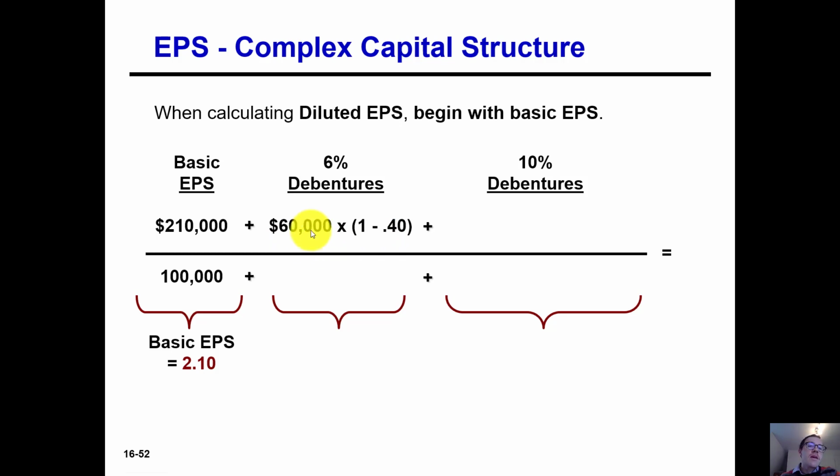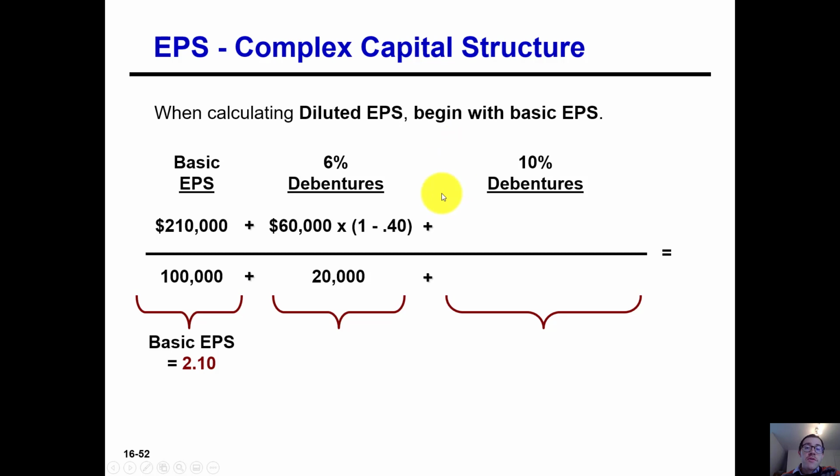It would be $36,000 higher. And the reason that is because of taxes. So by not paying the $60,000 of interest expense, you are saving $36,000. Okay. Because again, interest is tax deductible. And as a result, we covered on the last slide, your weighted average shares outstanding will go up by 20,000.